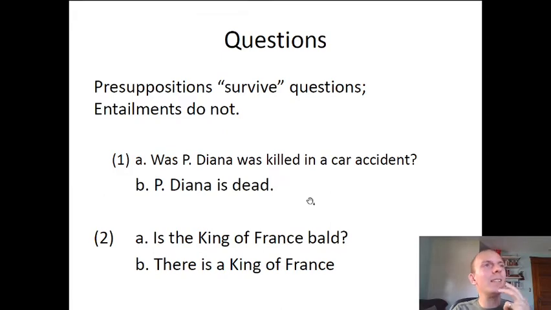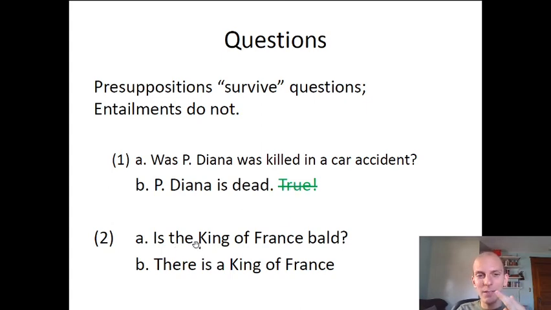So in some ways, we're trying not to use our real world knowledge about these events, right? So just from this question, was Princess Diana killed in a car accident? What do we know about this? We don't know anything, right? It didn't survive this questioning process.